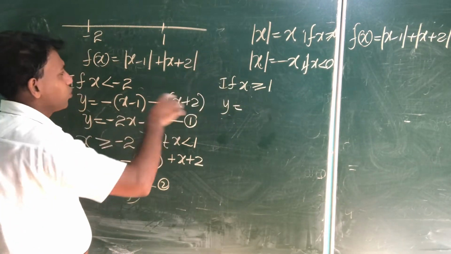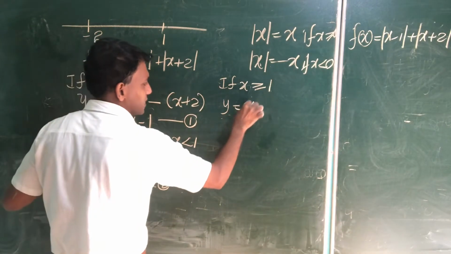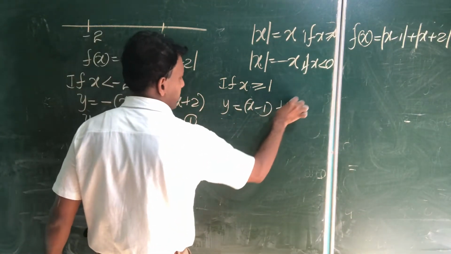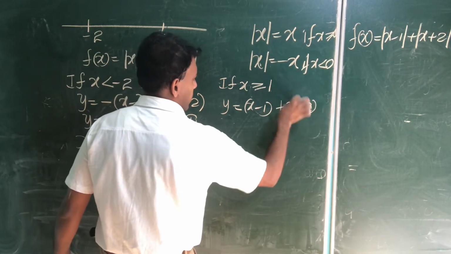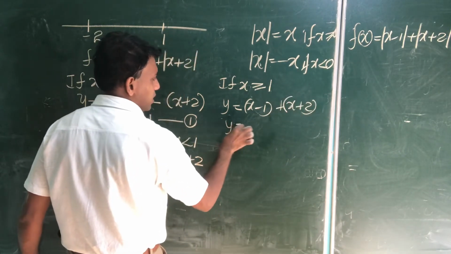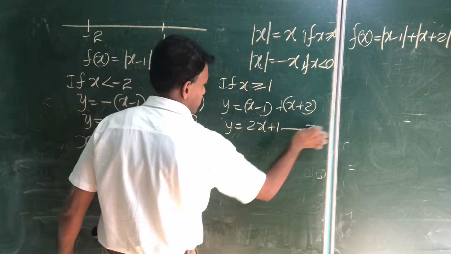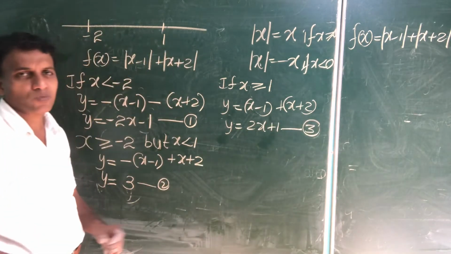Put x as 2, positive, then same, no changes. x is positive, therefore the same. So what is the answer? y equals 2x plus 1, right? That's all of this mathematics. Simple question.